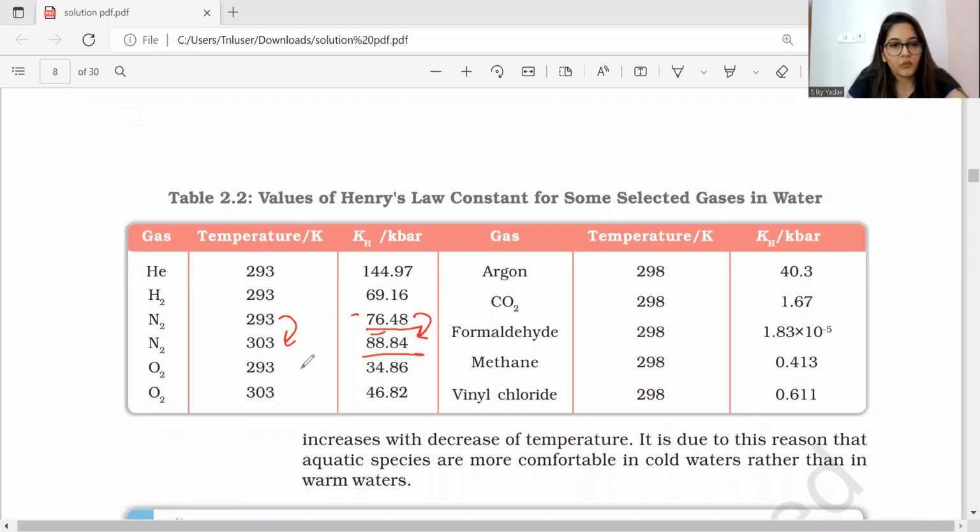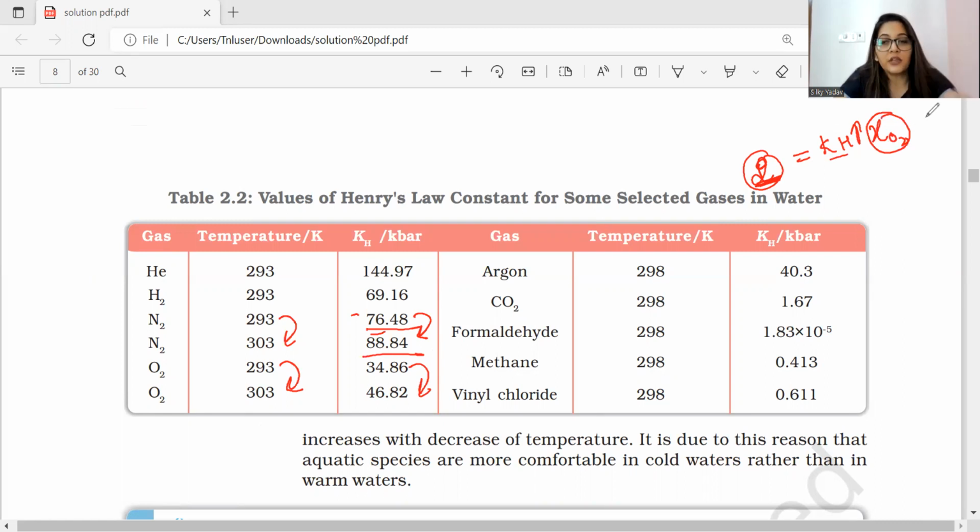And for oxygen also, the temperature has increased, the KH value has increased. Because the KH value has increased and I want to keep my pressure constant, let's say at 2, it is very obvious that the concentration of the oxygen gas inside the solvent will decrease, right?